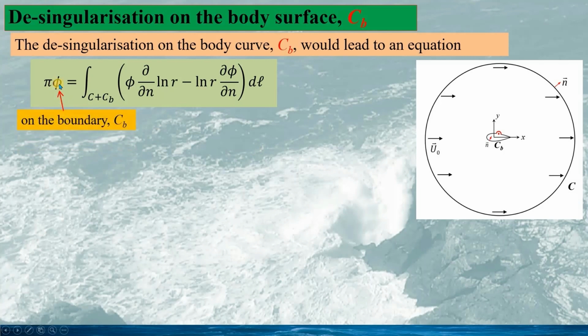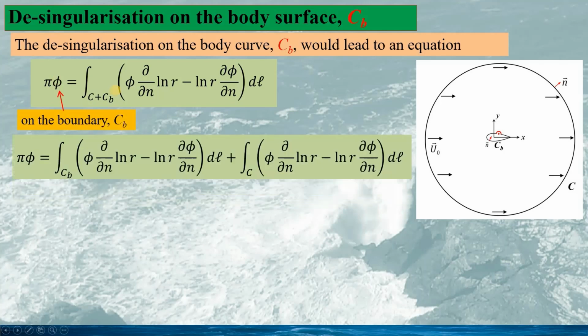Thus, we can take the potential on the left-hand side, phi here on the boundary CB, and we can write the integral into two parts. The boundary integral equation can be expressed as this. Here again, this potential function is on the boundary CB.